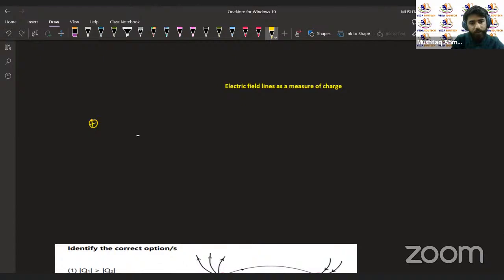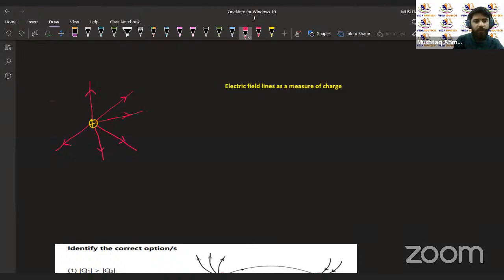We also studied the electric field lines due to an isolated positive charge and an isolated negative charge in the previous lectures. These are straight lines going away from the charge, spherically symmetrical and radially outwards. So these are the electric field lines due to an isolated positive charge.